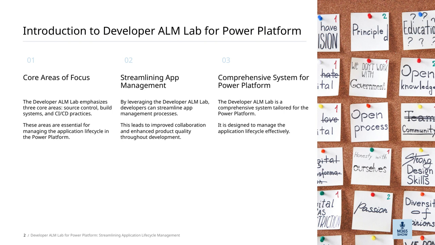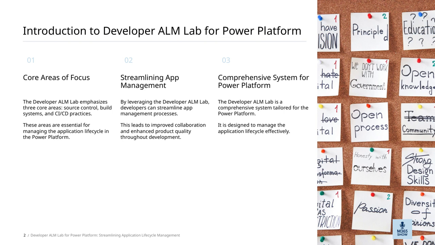When we talk about streamlining, we mean reducing complexity, automating repetitive tasks, and ensuring everyone is on the same page throughout the development cycle. By using this system, teams can improve collaboration, which is essential for delivering high-quality products. When everyone has clear processes and tools in place, the overall quality of the applications we develop is significantly enhanced.